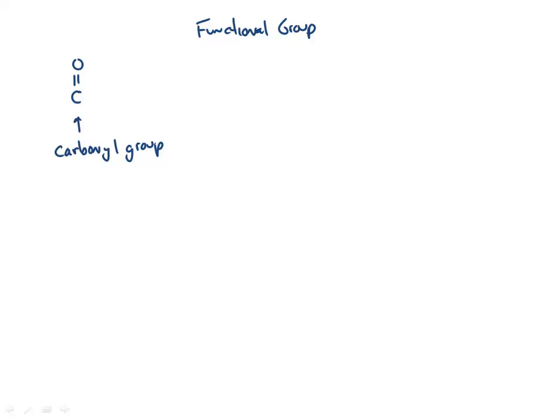And what can you guys tell me about it? And we'll even add some more clues. So what shape does it have? That's trigonal planar. What bond angle? And what hybridization?